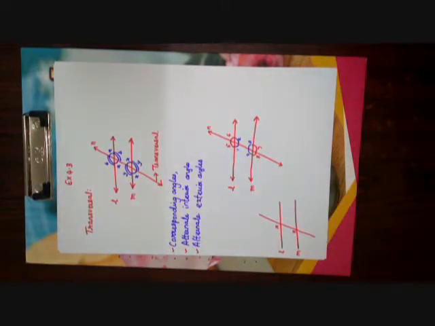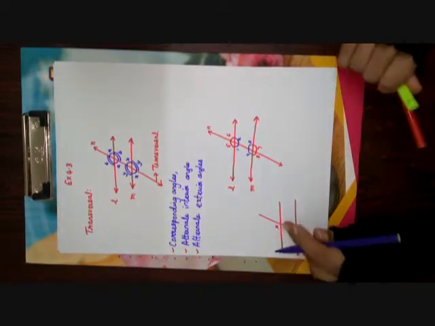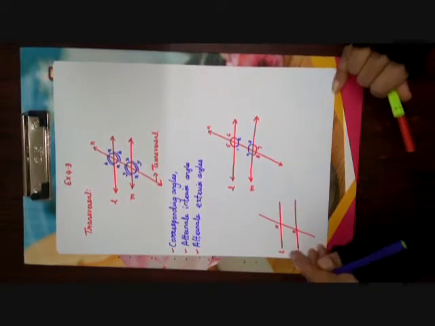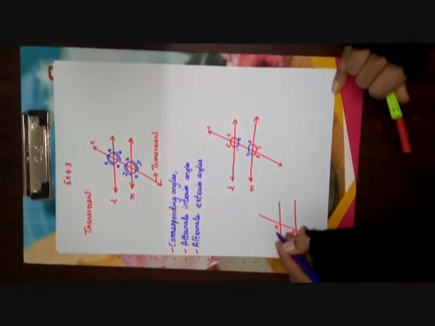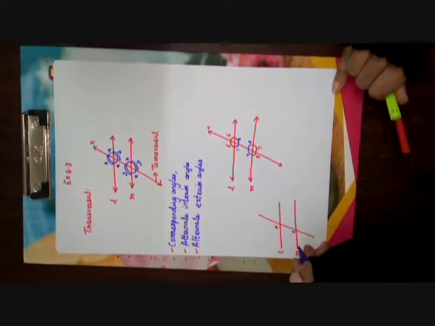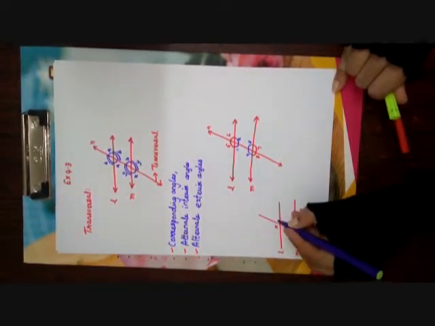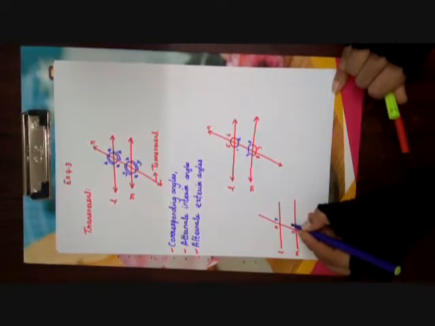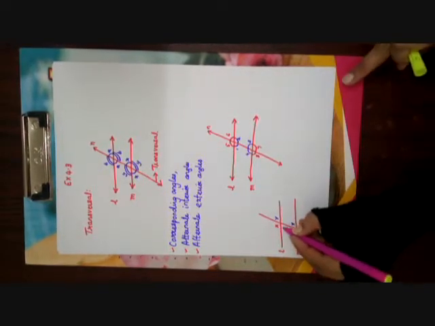What are they? The corresponding angles lie on the same side of the transversal, and if one angle is above the first line, the second angle will also be above the second line. Okay, are you getting it? Then we have another set of corresponding angles, that is angle Y and angle Y. Yes, children, we also have another set of corresponding angles, which we name Z.